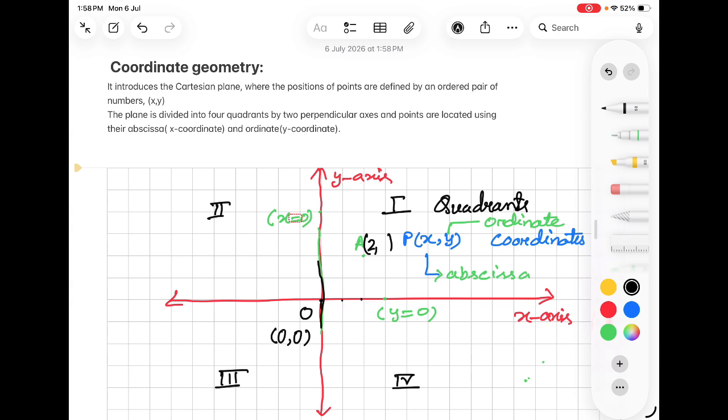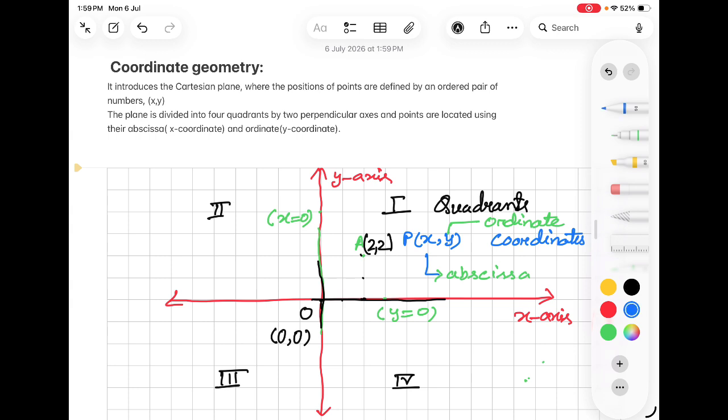And what is the ordinate or y coordinate? It is the distance of a point from the x-axis. This is the x-axis. From the x-axis, what is this distance? 1, 2. That means 2 is the ordinate, or y coordinate. So in this way we can find out the coordinates of a point on this Cartesian plane.